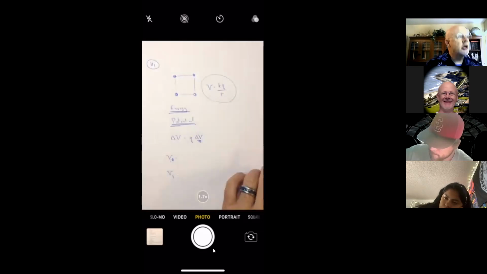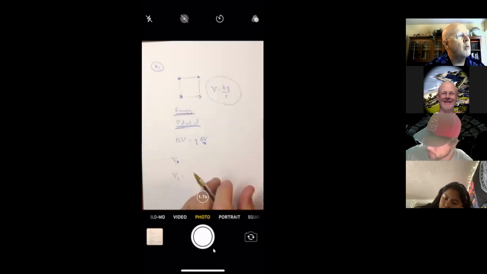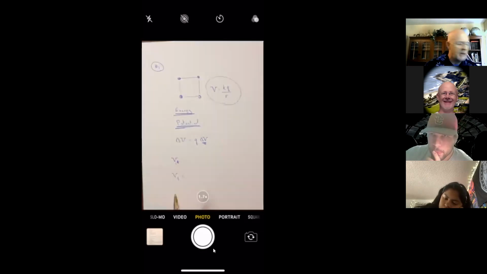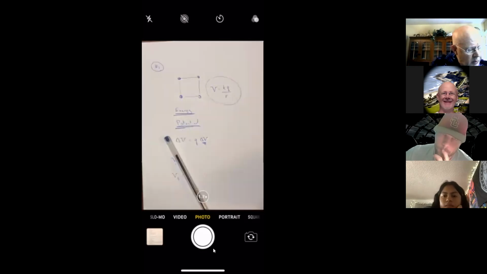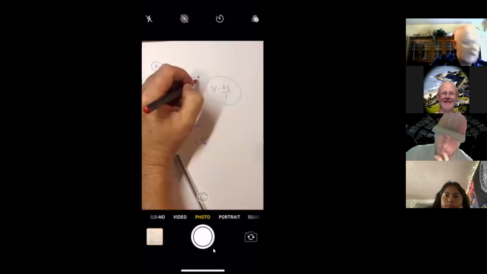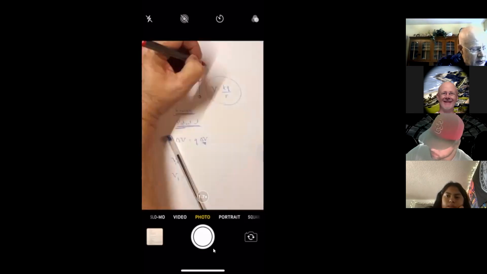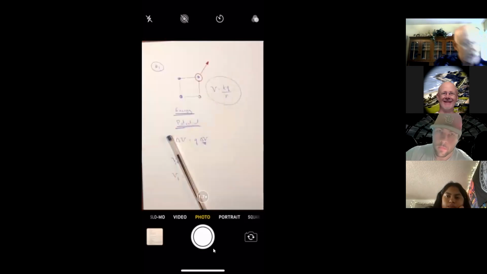All right. So let me go back to the problem. I don't think the problem said which one moved, other than it was just one of them and they're all the same. So maybe I'll circle this one in red and say, this is the one that's going to go shooting out and leave. And so what is the change in potential?